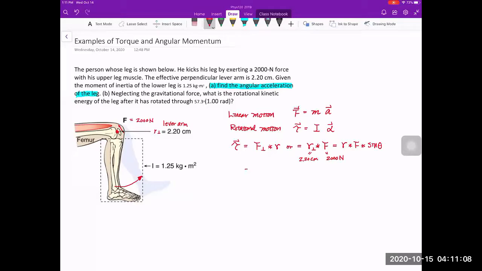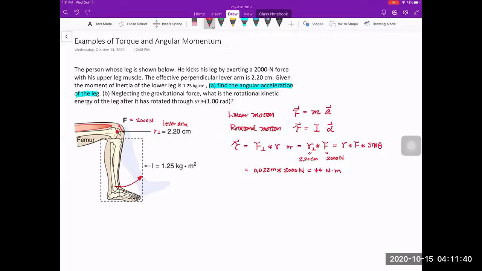So my torque is going to be 0.022 meter multiplied with 2000 Newton. Just make the units consistent. If you multiply this together, you get 44 Newton times meter, and that's the unit for a torque. So that is what the torque is.